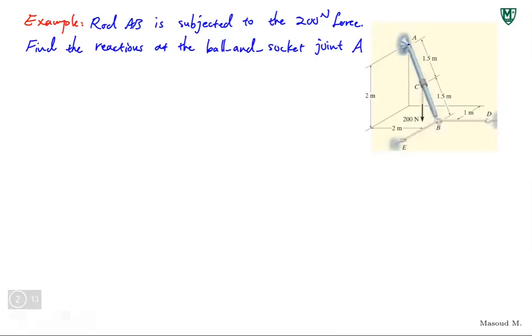Point A is connected to some support, and now we know it's a ball and socket joint. Find the reactions at joint A, and the tension in cables BD and BE.